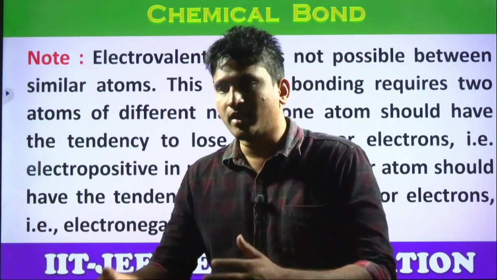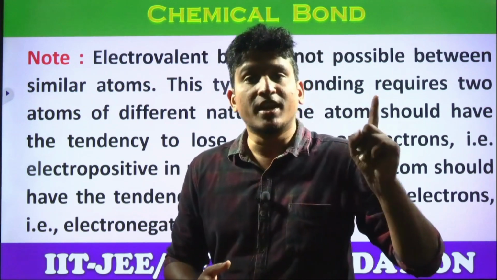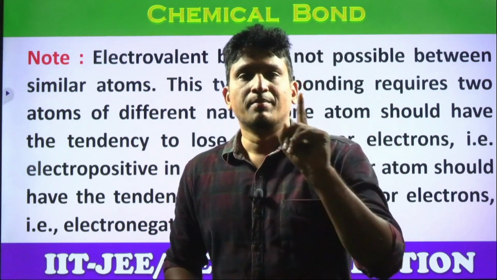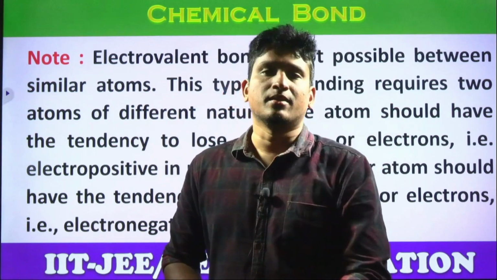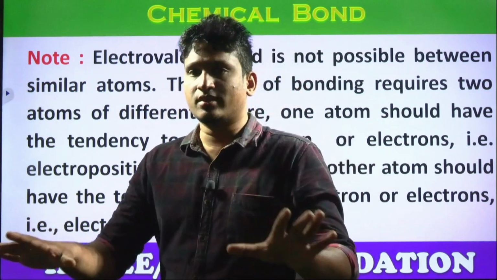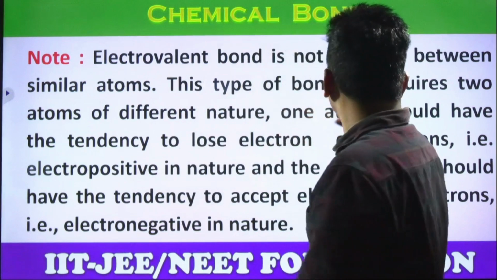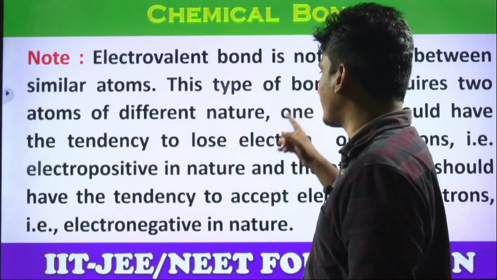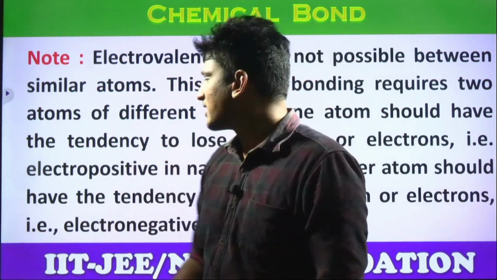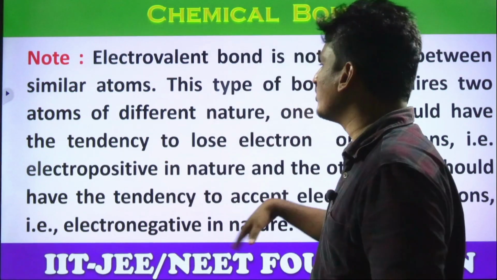No. Between non-metals? No. Between a metal and a non-metal, every time, remember. Almost between a metal atom and a non-metal atom. Of course, hydrogen ion is also possible. Hydrogen is a non-metal, but in general I am saying. So this type of bonding requires two atoms of different nature. One atom should have the tendency to lose electrons and the other atom should have the tendency to gain electrons.